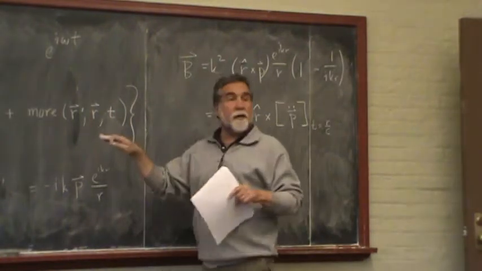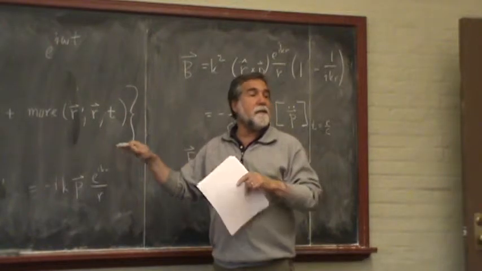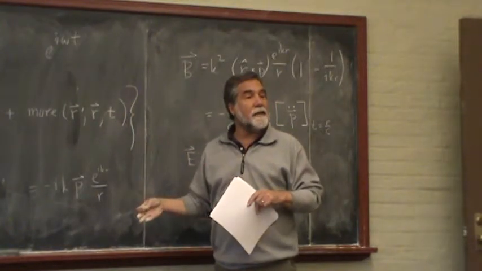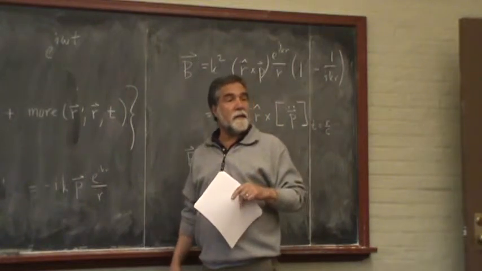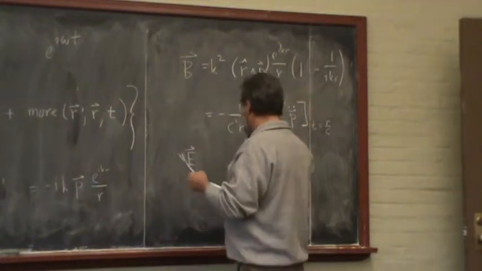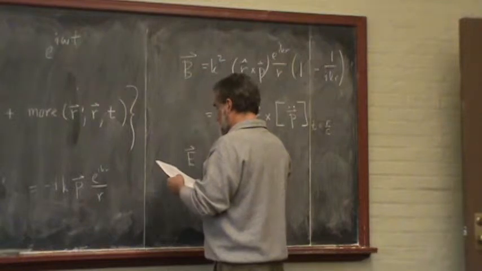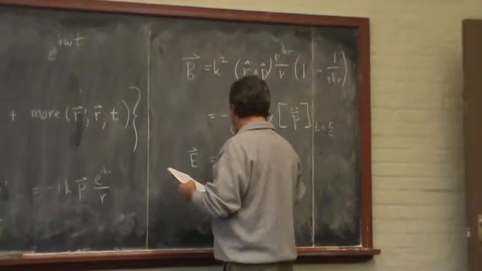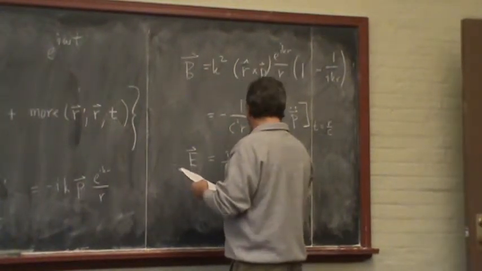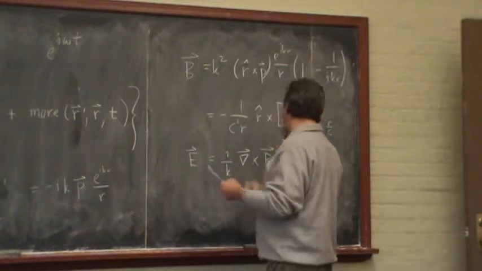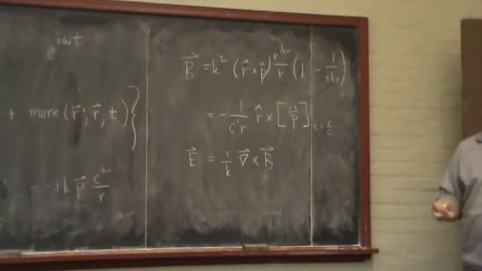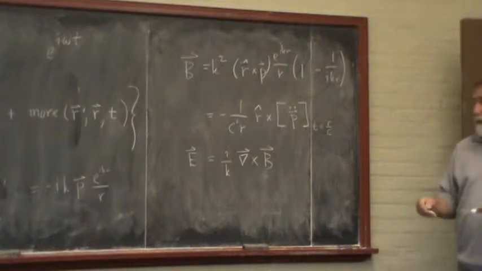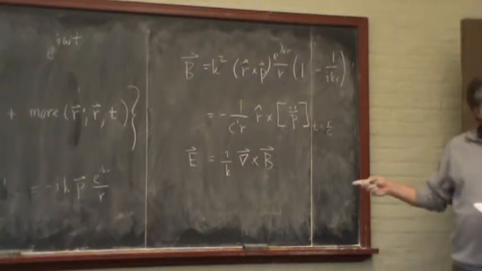And the electric field then: if we're dealing with currents, then the magnetic field is what we normally calculate first, and then we calculate the electric field from the magnetic field. i over k curl of B would be the electric field. That's going to have multiple terms. I won't write it out right now.